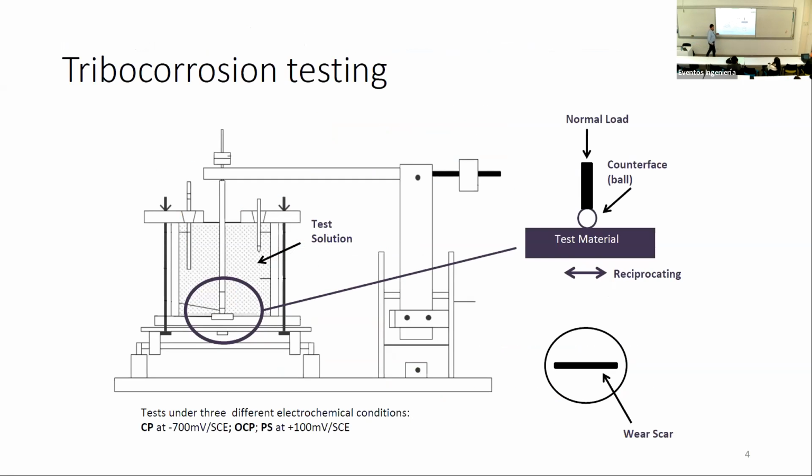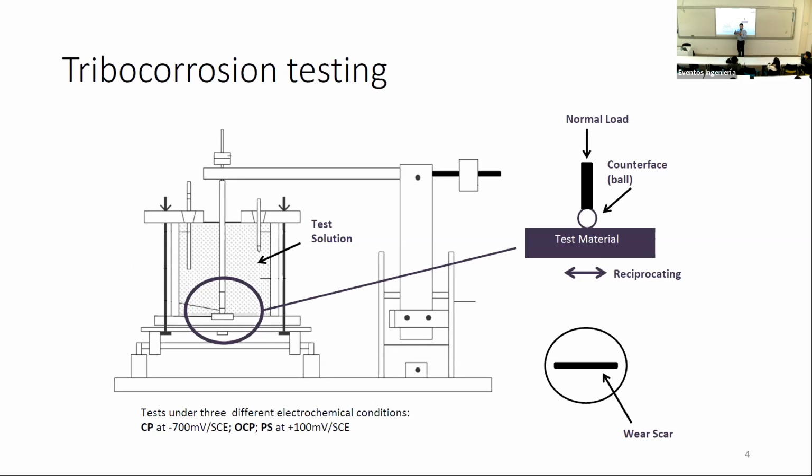So for the testing, we do have state-of-the-art tribometers at the university, but the schematic and this testing that I'm showing was a testing which we have built in-house. It's basically a reciprocating sliding tester. Over here, we put a disk of the material of interest. Against it, we get a ball of some other material.